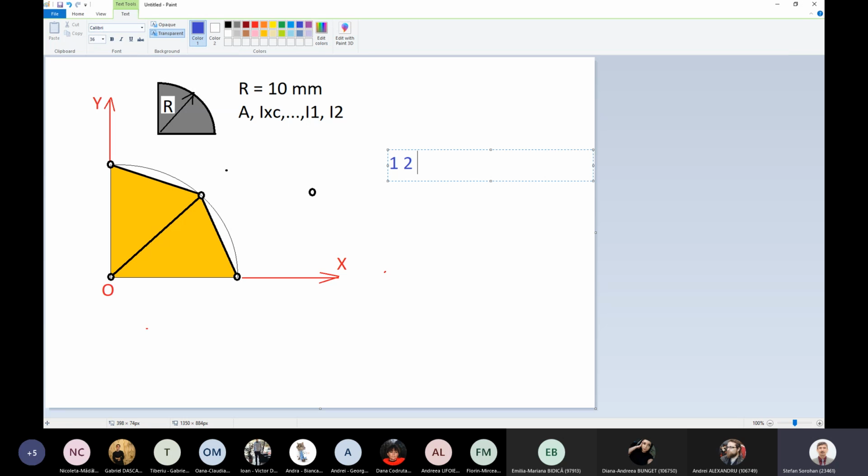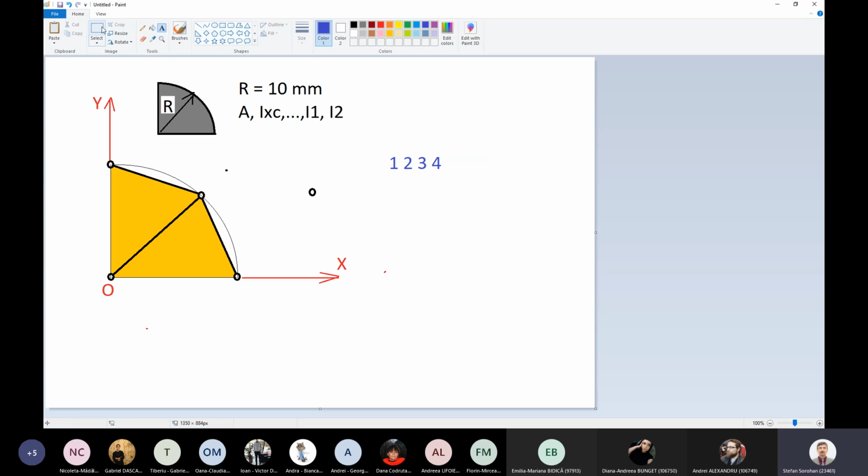So I need nodes 1, 2, 3, and only 4 nodes here. How will the nodes be put? It's arbitrary. So let's say node 1 is this one, node 2 is this one here, node 3 is this one here, and node 4 is this one.